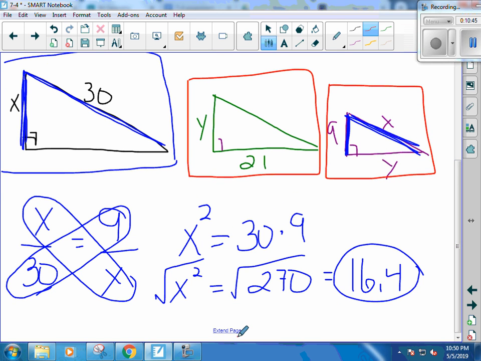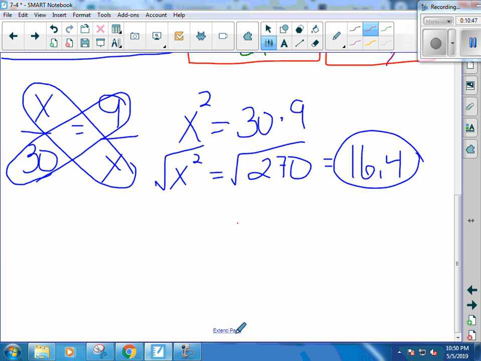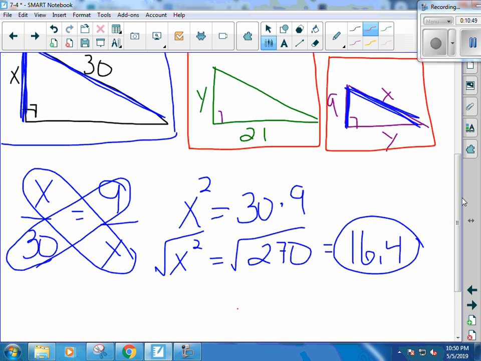So I'm going to go the geometric mean this time. Y is equal to the number times the number and square root it. And I get 13.7.